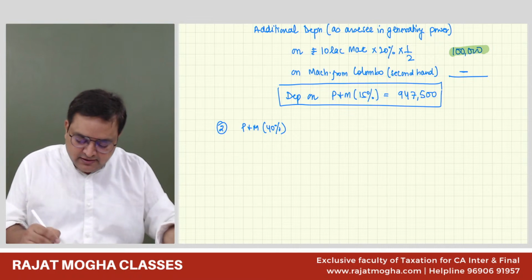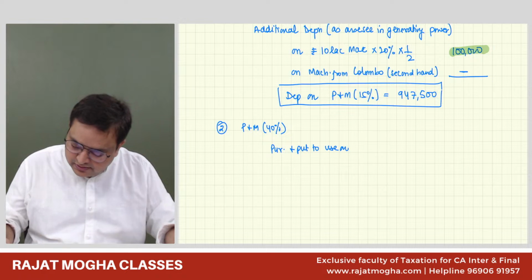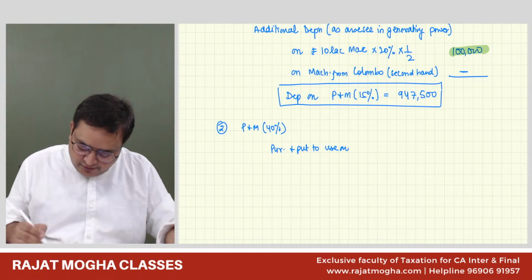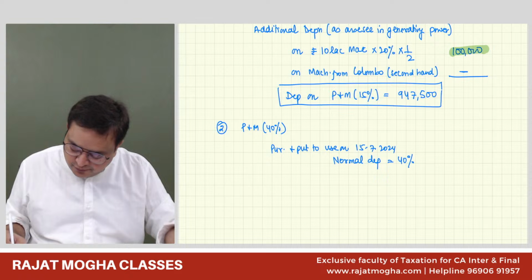So on computers, purchased and put to use on 15/7/24, normal depreciation would be 40% of 2 lakh, 80,000, and additional depreciation also.